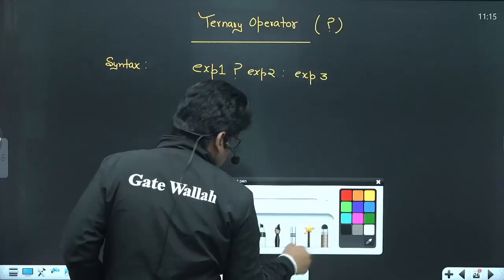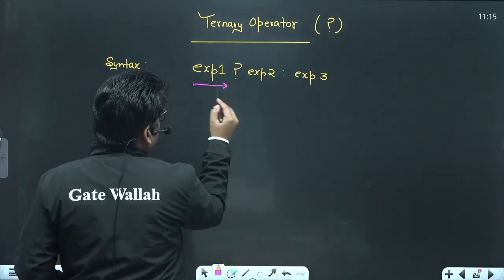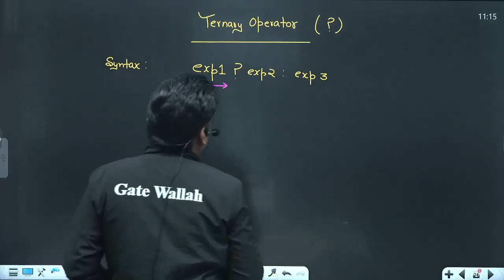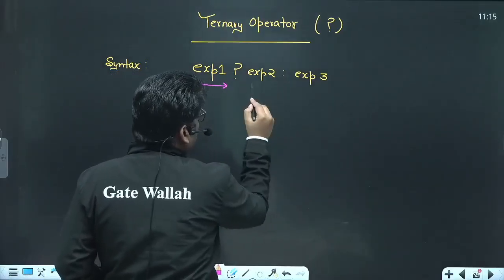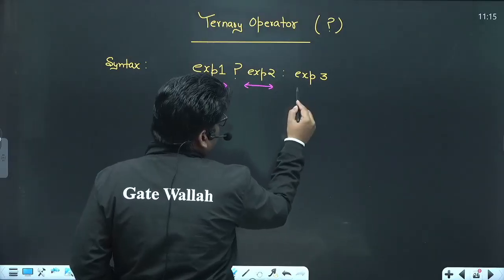Before the question mark, expression 1 is there. After the question mark, before the colon, we have expression 2. After the colon, we have expression 3.